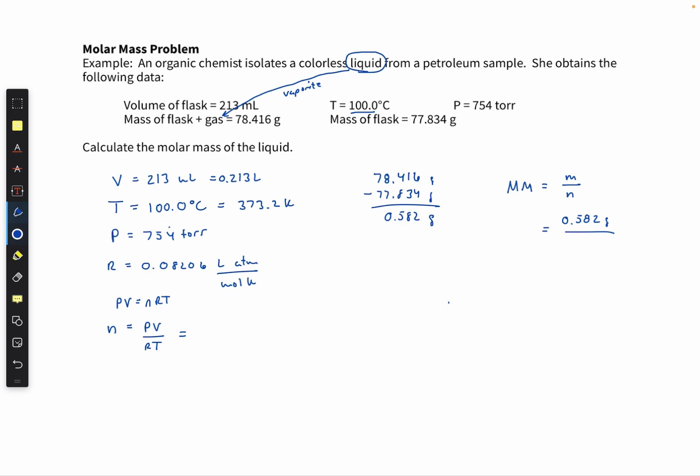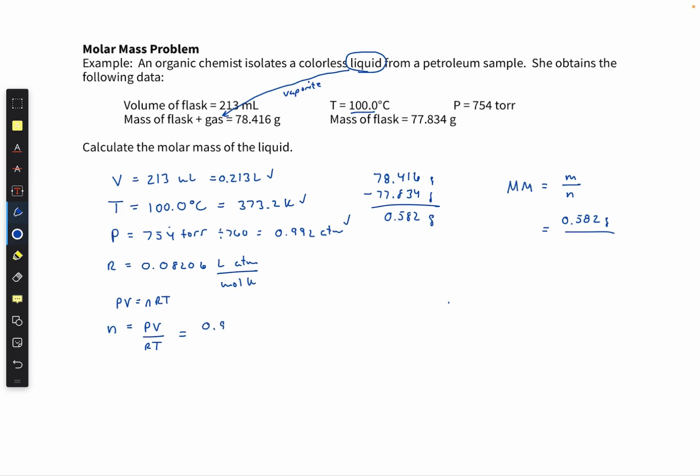Again, remember it's 273.15, but we're only going to the tenths place, so we can round that 0.15 to just 0.2 in this case. And then our 754 torr, to go to atm, remember you want to divide by 760. When we do that, it's very close to 1 atm, but just slightly below, so 0.992 atm. Now all of our units, liters, Kelvin, and atm, match the units in the constant, so we can just plug in, and those units will work out for us.